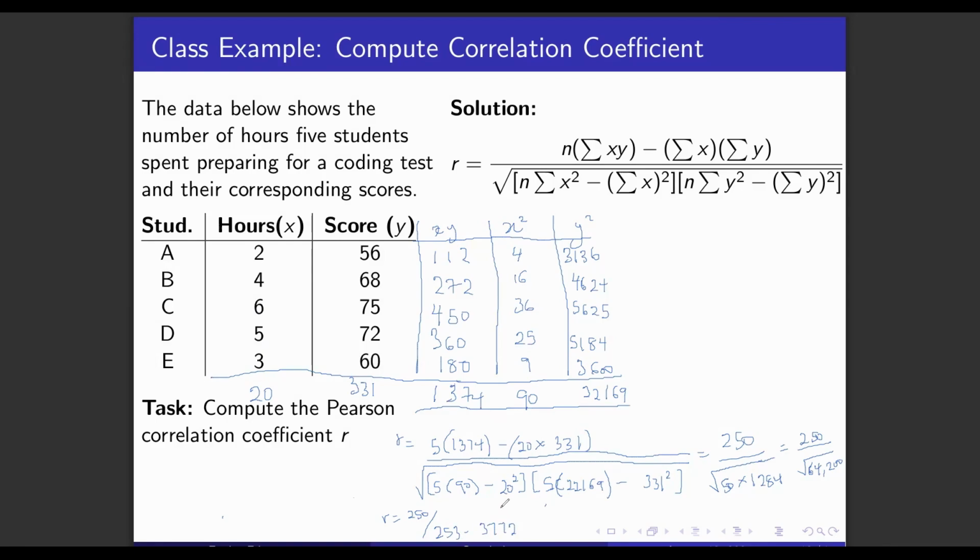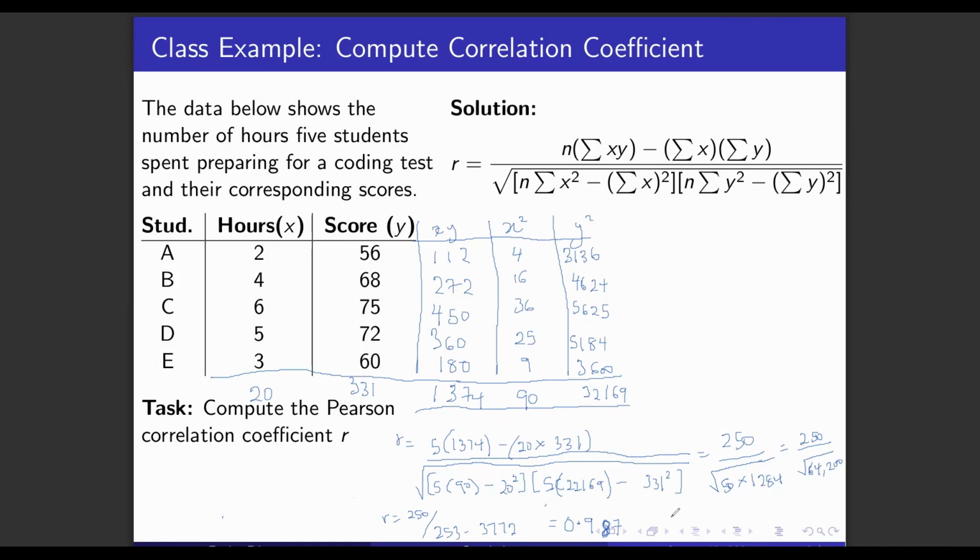So if I divide 250 by the square root of 64,200, I'm getting my answer to be 0.987.